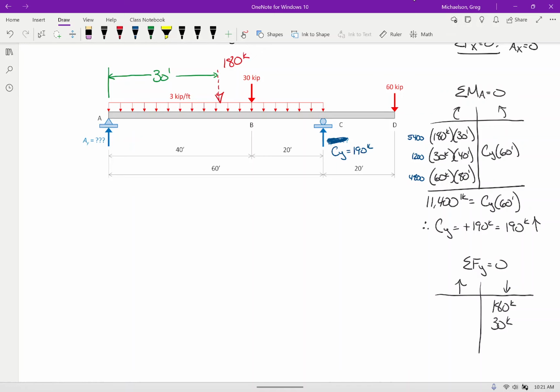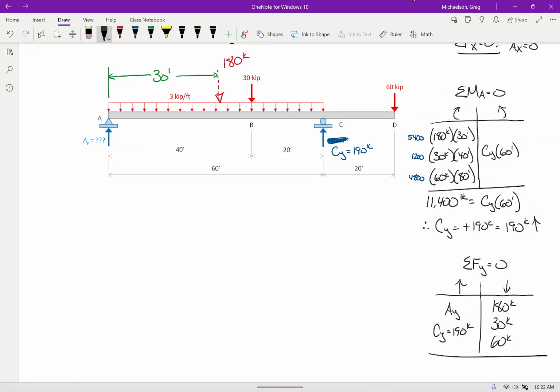So we've just got AY and this reaction here going up, these three going down.